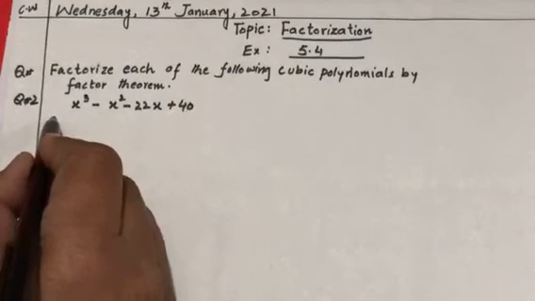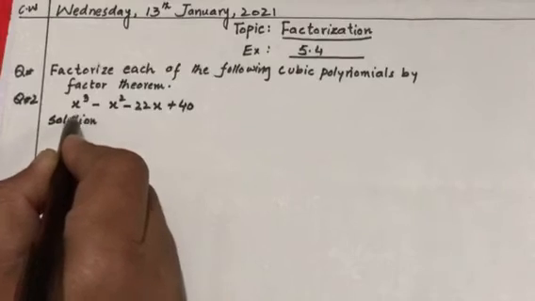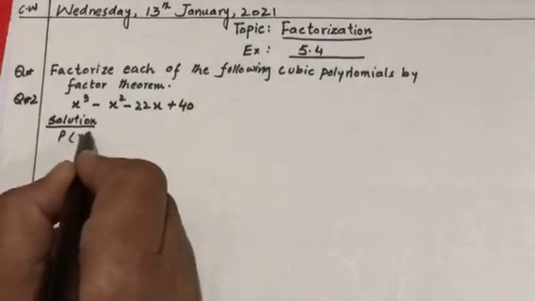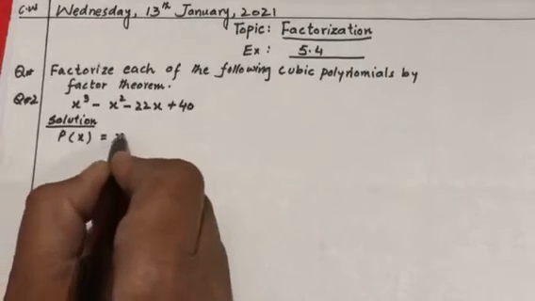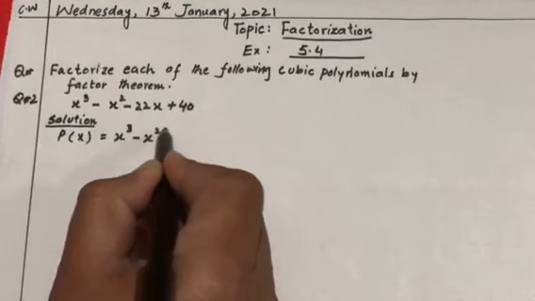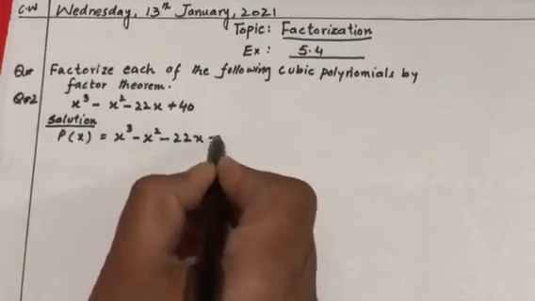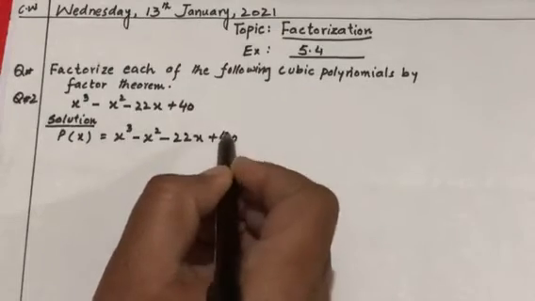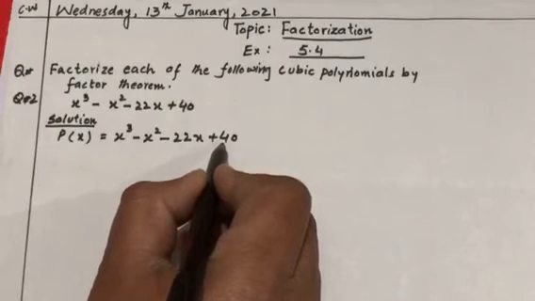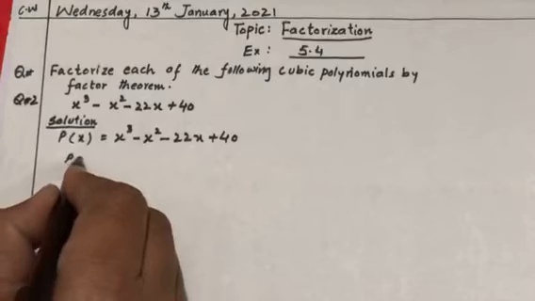So in solution we will write the polynomial as p of x is equal to x cube minus x square minus 22x plus 40. So the constant term which is 40 is represented by small p.